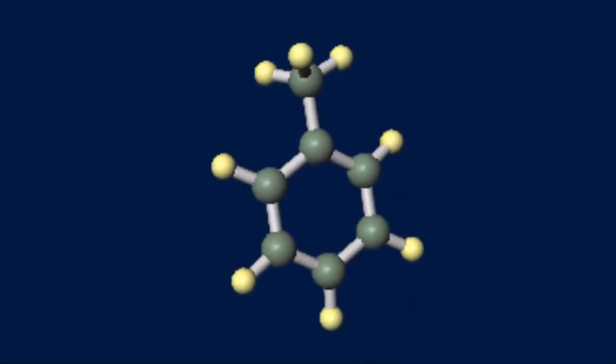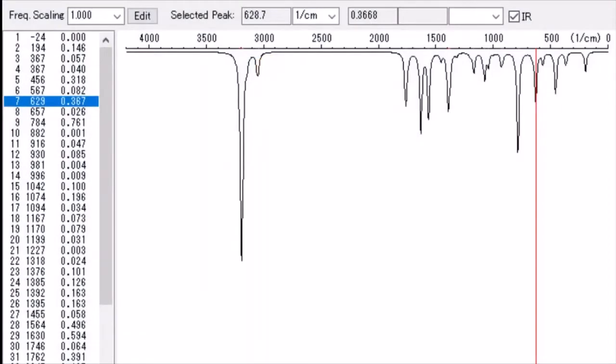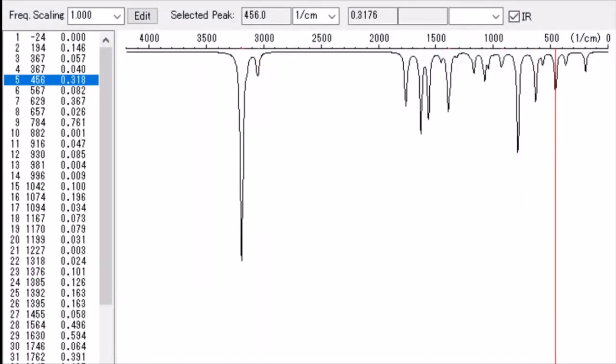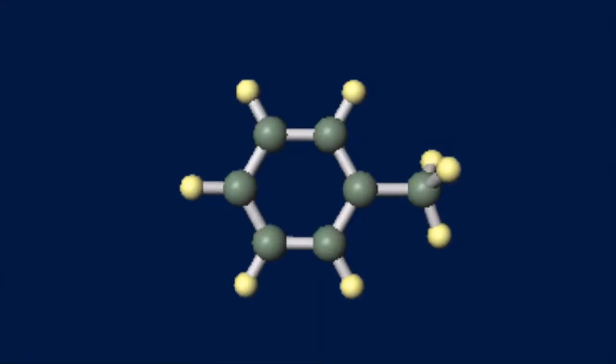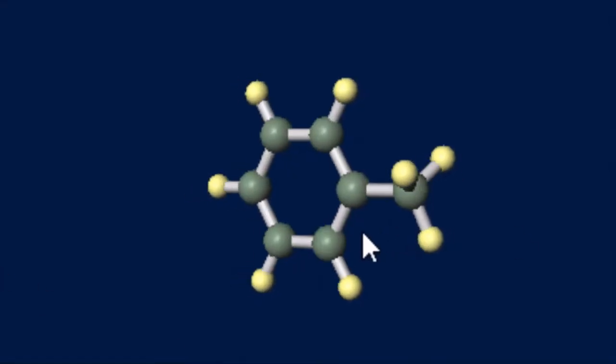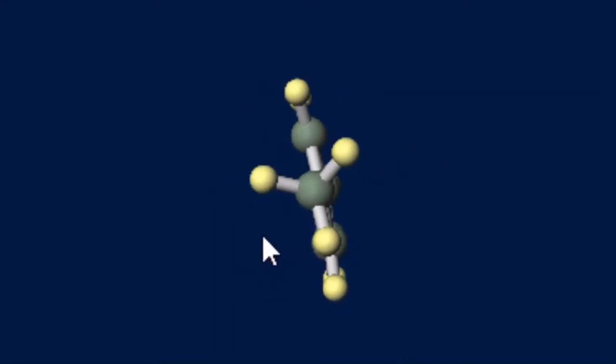Right. Let us quickly go through the next peak. What does this peak correspond to? This peak corresponds to this vibration. Let me change the angle of the view.